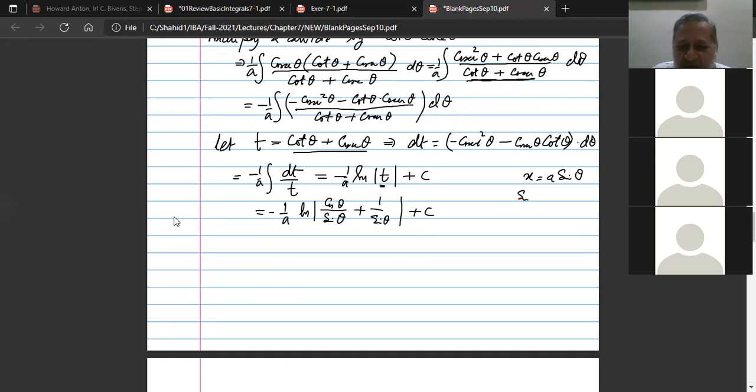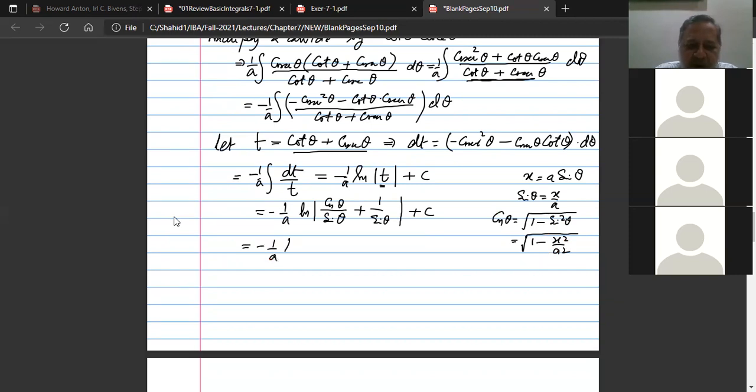जबकि sin theta असल में x/a है. Sorry, if sin theta is x/a, what should cos theta be equal to? Cos theta should be equal to square root of 1 minus sin square theta. इसका मतलब है it should be square root of 1 minus x square upon a square. चलो भाई, सारा मसाला तैयार हो गया.